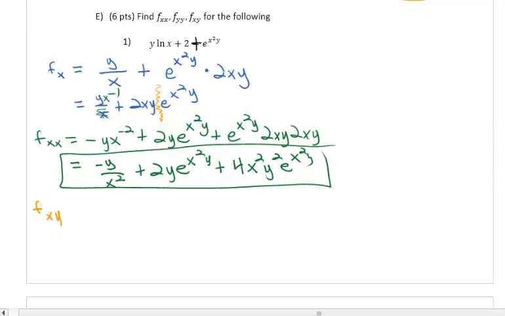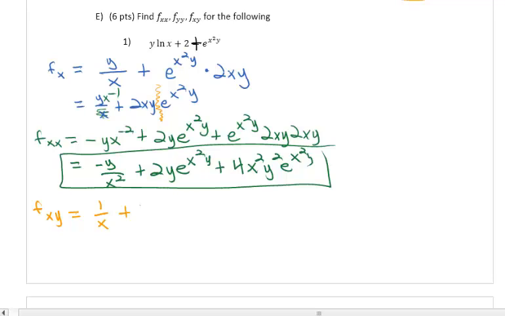If we want to do fxy, we're going to take the derivative of fx with respect to y, the y over x. The derivative of y is 1. We're just left with the 1 over x, plus, again, looking at the product, 2xy.